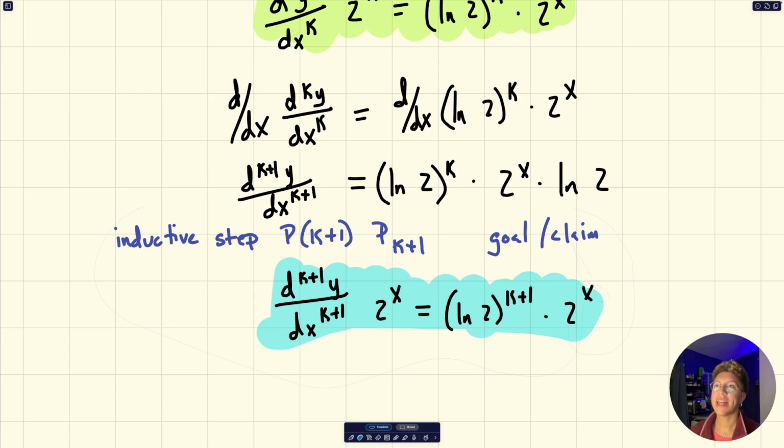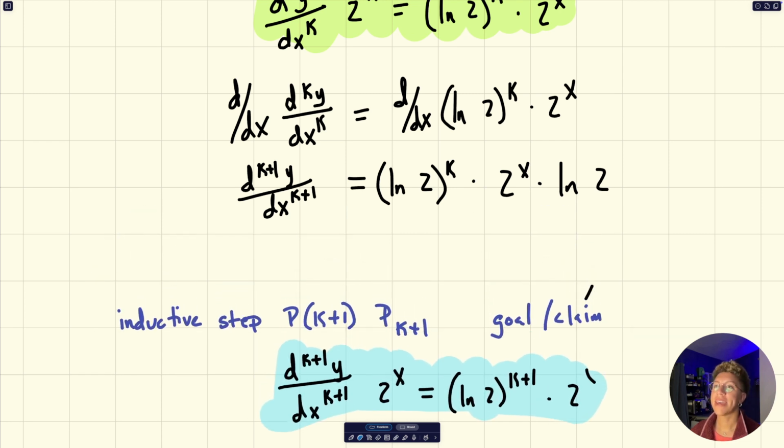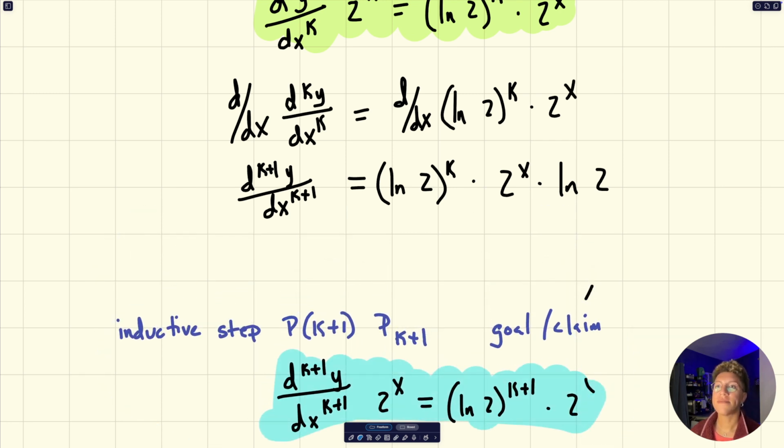We take that ln2, we multiply it by the ln2 to the k, and that gives us ln2 to the k plus 1. So here we get ln2 to the k plus 1, and then we get times 2 to the x.